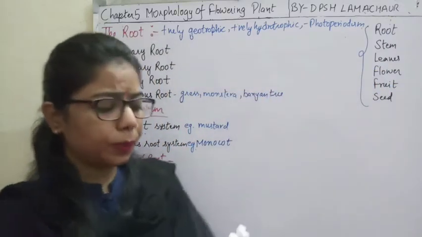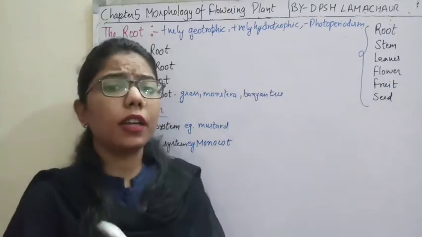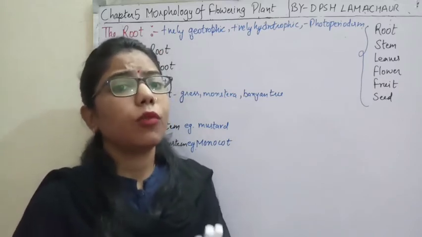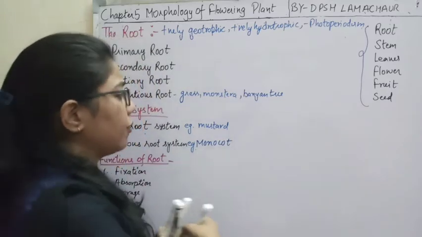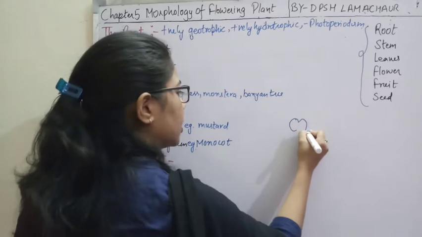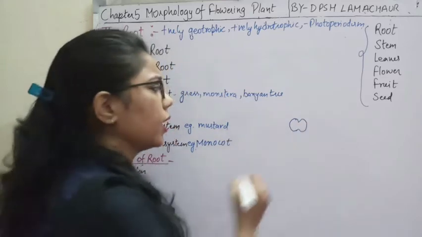Now, any plant starts from where? From the seed. When the seed germinates, what will happen? For example, I have taken this dicot seed, a dicotyledon seed.